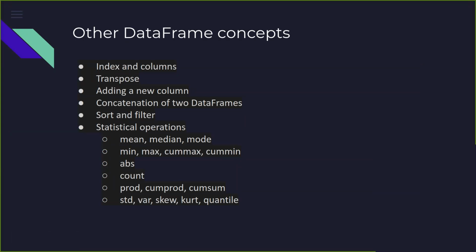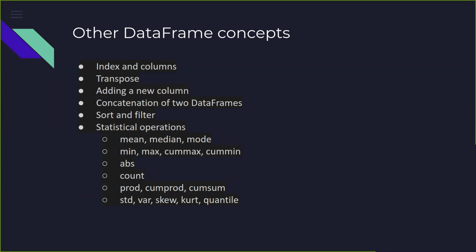Then we saw certain other operations and concepts. We saw the concept of transposing, where the columns become the rows and the rows become the columns. We saw how to see the index numbers and the column names, through append and extend. We saw how to add a column by adding a column name and giving what the values of that column would be.